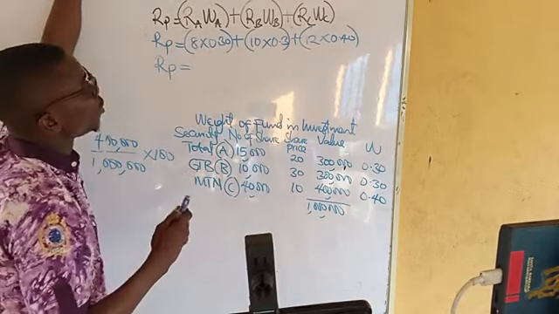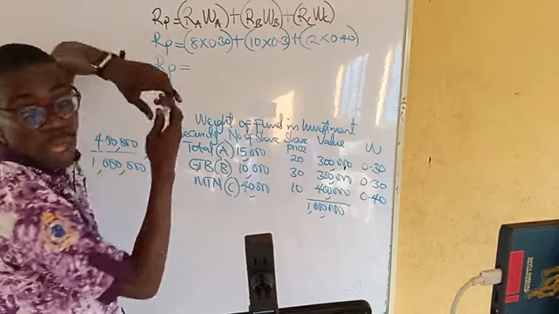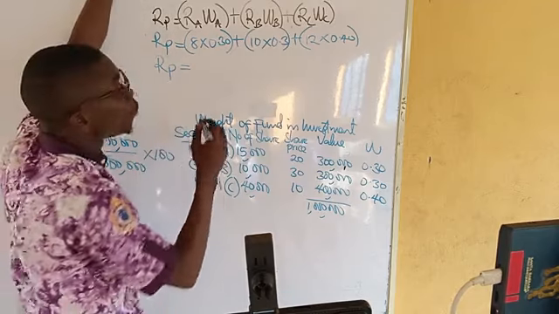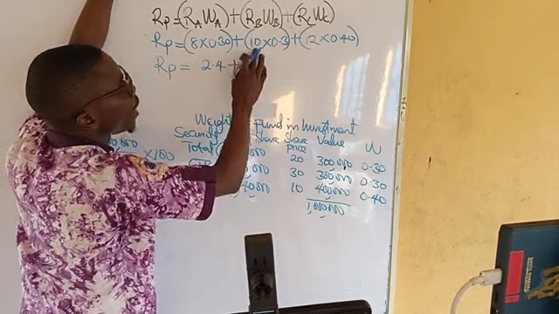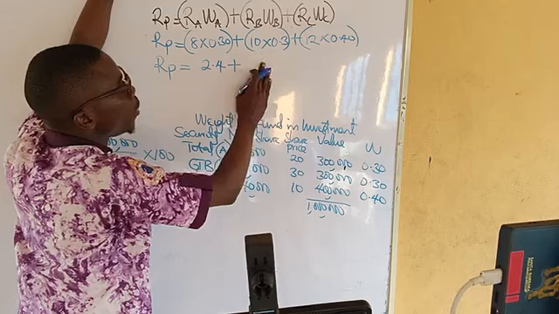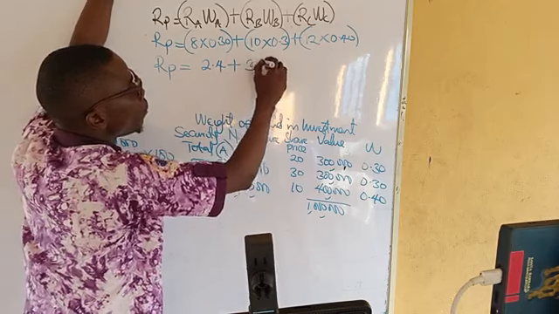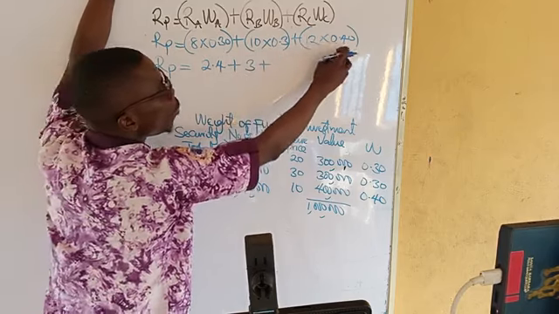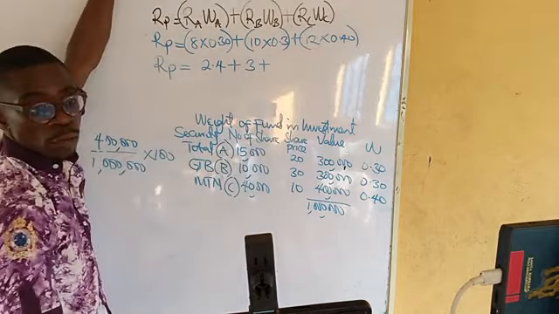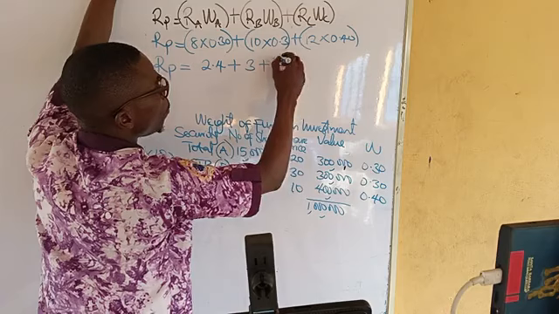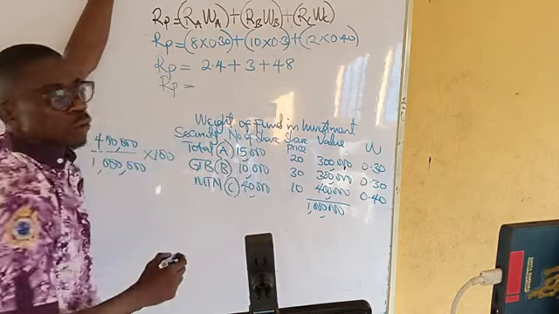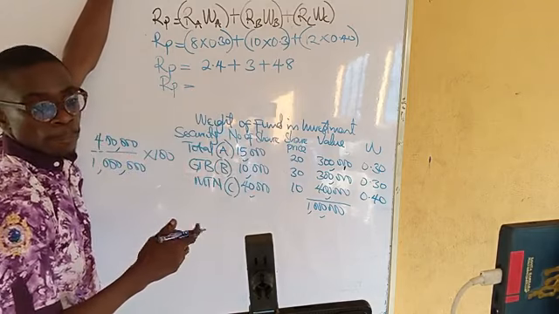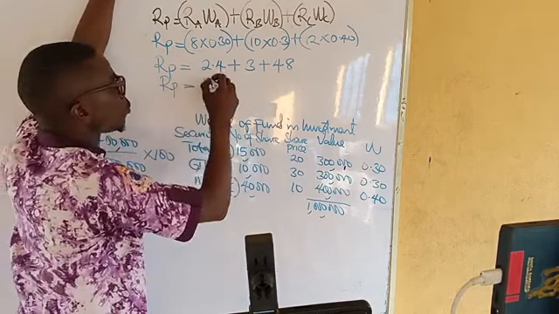So the expected return on the portfolio: 8 times 0.3 gives 2.4. Plus 10 times 0.3, that would be 3. Plus 12 times 0.4, that is 4.8. So what's the expected return on the portfolio? 10.2%.